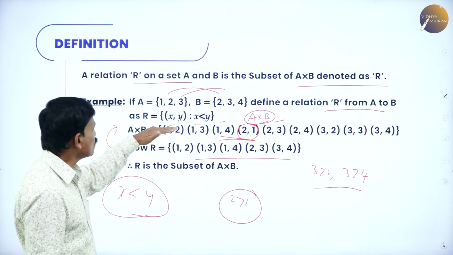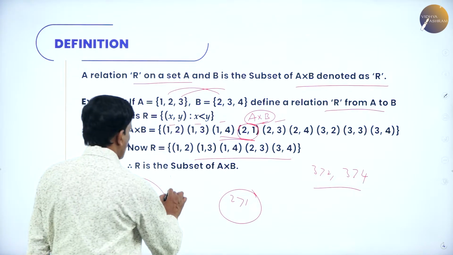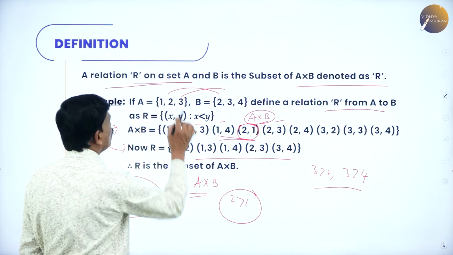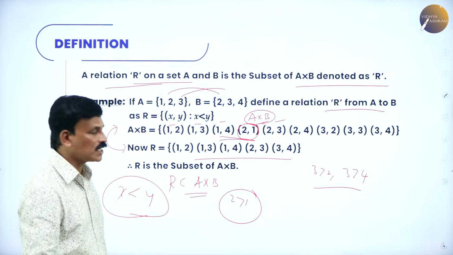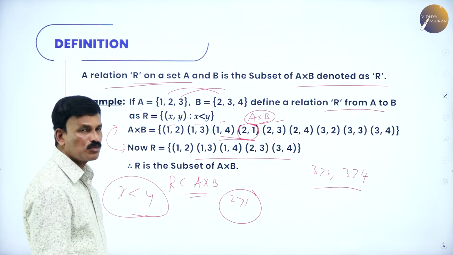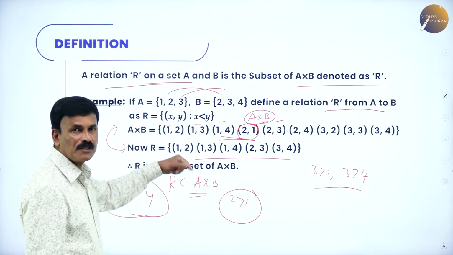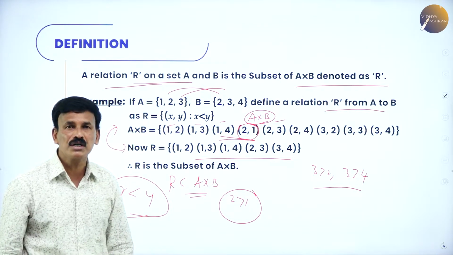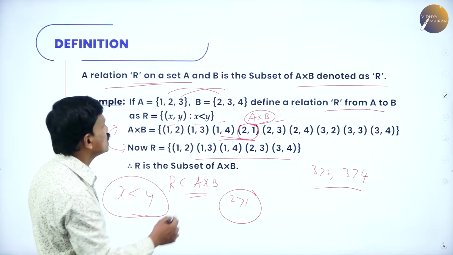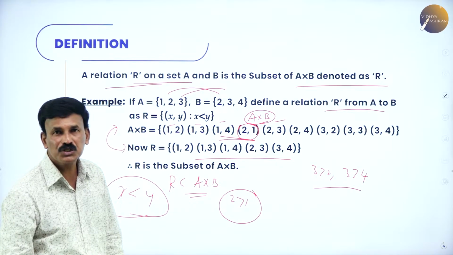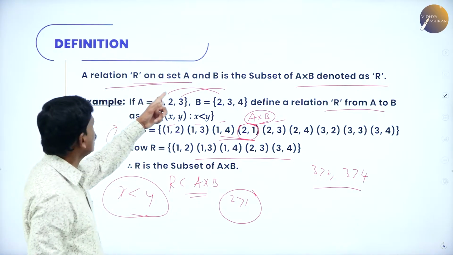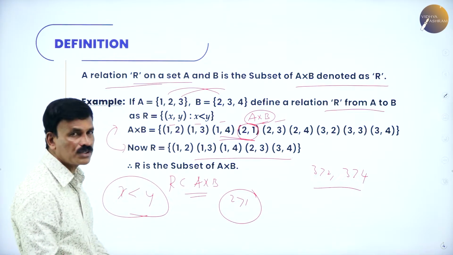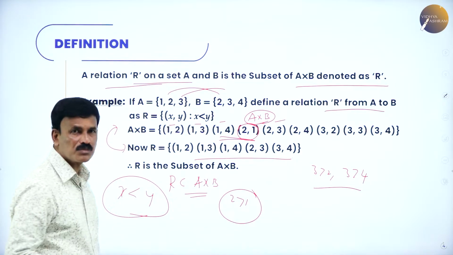That means R is a subset of A cross B. So a relation R on sets A and B is a subset of A cross B. All the elements of the relation are elements of the Cartesian product A cross B. Therefore, a relation R from A to B is a subset of A cross B, denoted as R. This is an example for the relation.